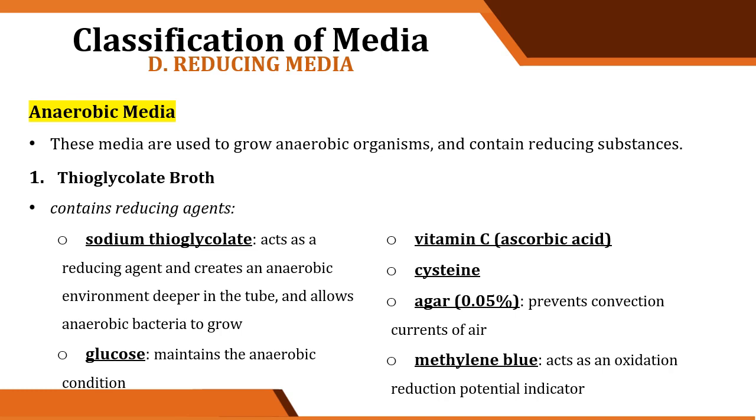The sodium thioglycolate, they act as a reducing agent to create an anaerobic environment deeper in the tube and allows anaerobic bacteria to grow. Okay, also contains glucose to maintain the anaerobic condition. It has vitamin C, cysteine, agar, to prevent convection currents of air, and methylene blue, which acts as an oxidation reduction potential indicator.